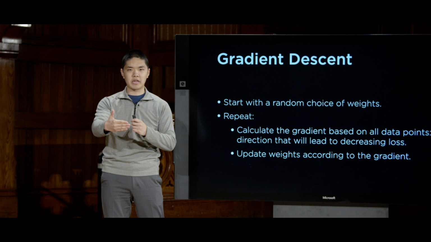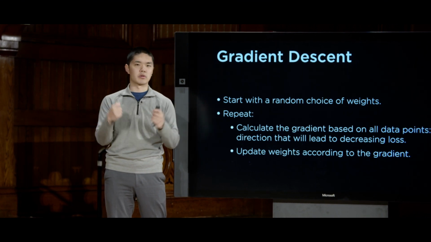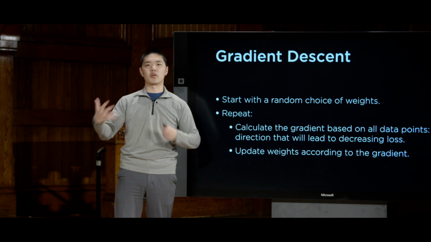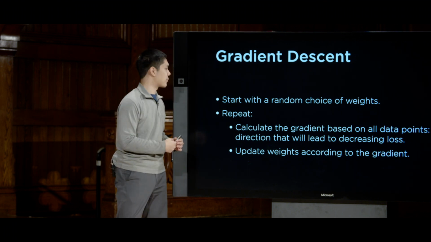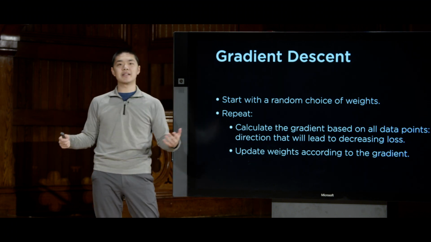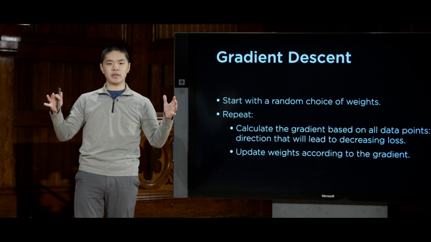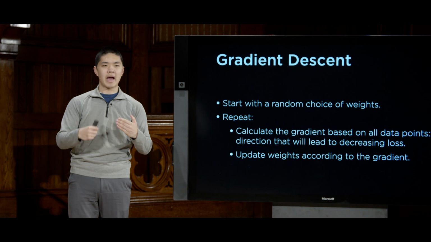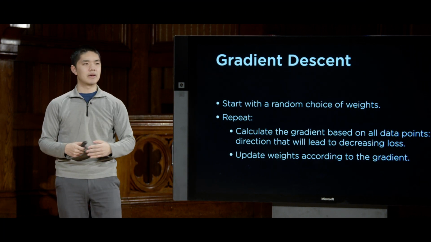Take a small step in that direction in order to make our solution a little bit better. The size of the step that we take will vary, and you can choose that when you're training a particular neural network. But in short, the idea is to take all the data points, figure out based on those data points in what direction the weights should move, and then move the weights one small step in that direction.